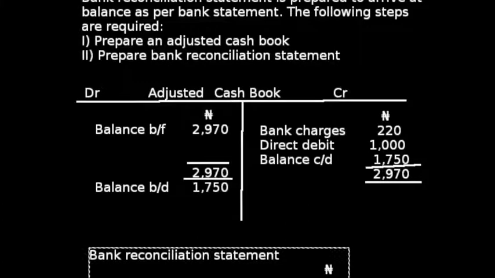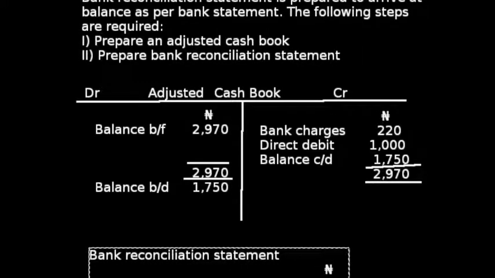1,750 naira. So if you add that balance back to the items you have on the credit side, such as the bank charges, the direct debit, and the closing balance at the end, you're going to have the same total as that of the debit side, which is 2,970 naira.